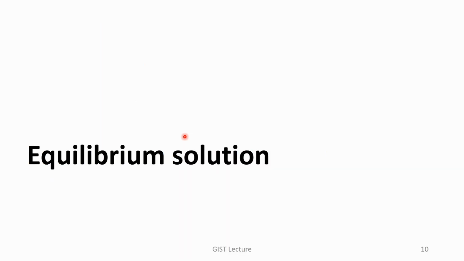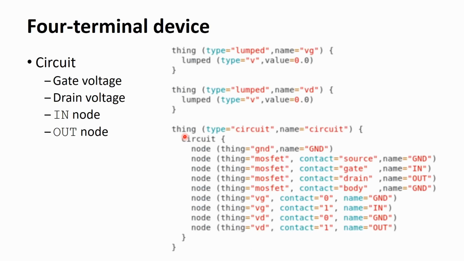As the first step, the equilibrium solution is calculated. Although the equilibrium solution can be calculated without specifying the circuit, the circuit specification is explained in this slide. The MOSFET has 4 terminals.